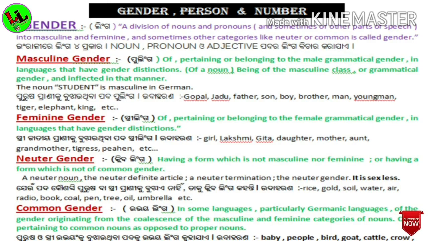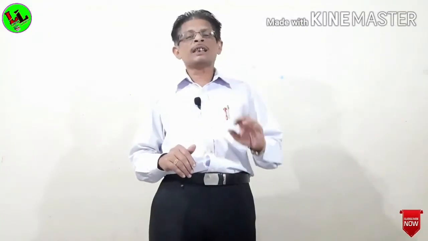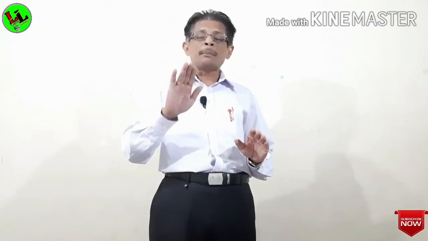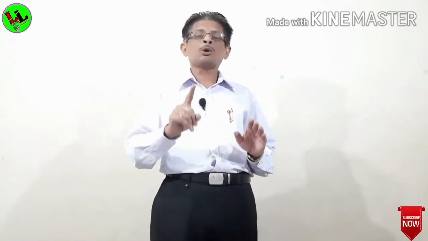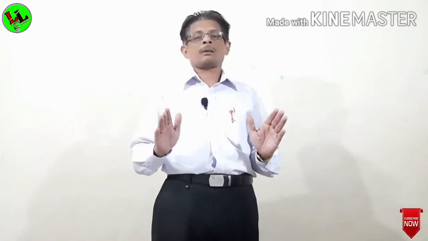And the noun student is masculine in German language. Now you see, dear students, I told you about masculine gender and you must remember one thing, that masculine gender refers to male sex.